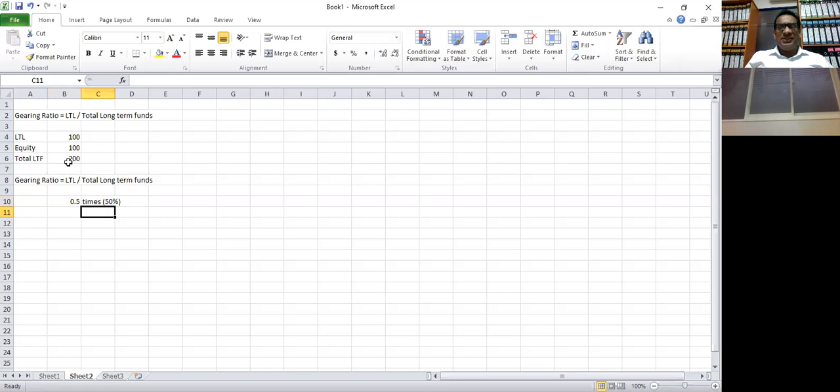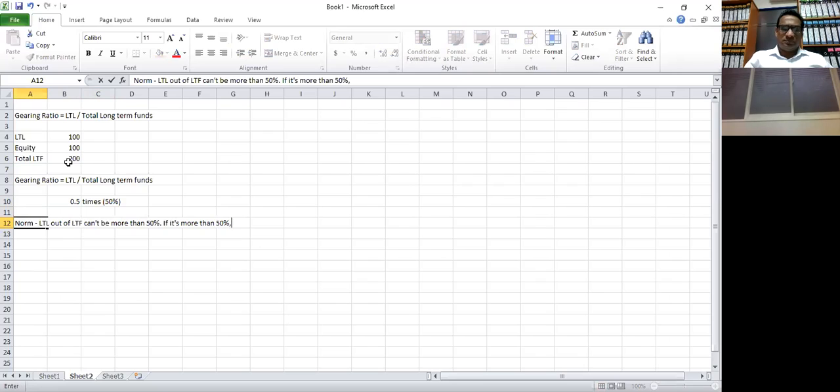Or long-term liabilities as a percentage of total funds can't be more than 50%. If it is more than 50%, the company is not solvent. Normally we say the company is not solvent if it is more than 50% of total long-term funds.